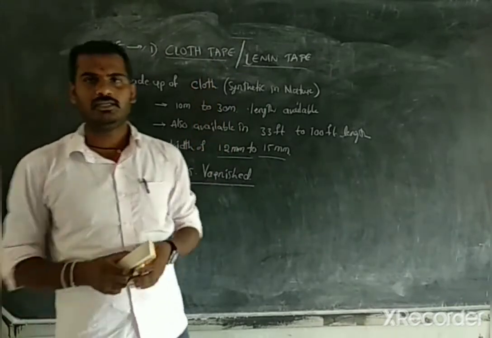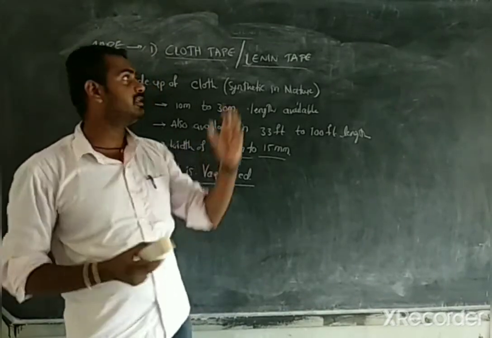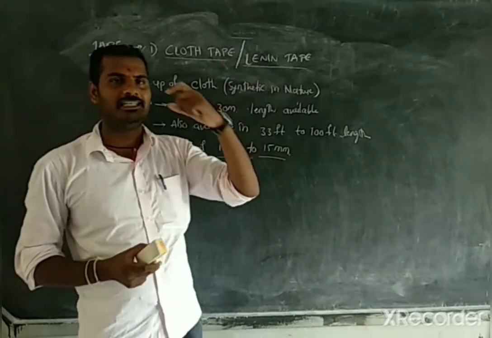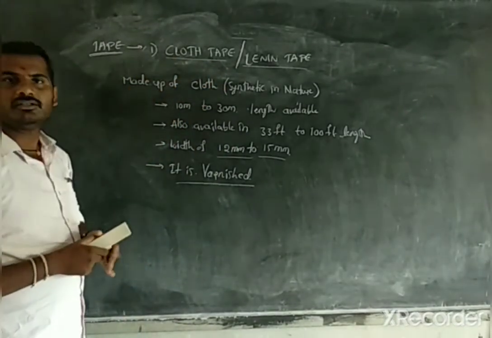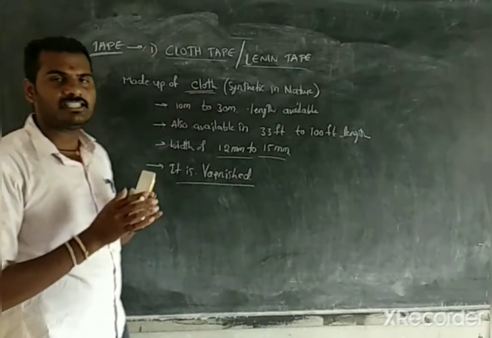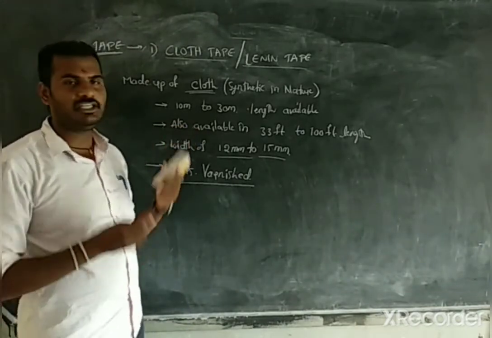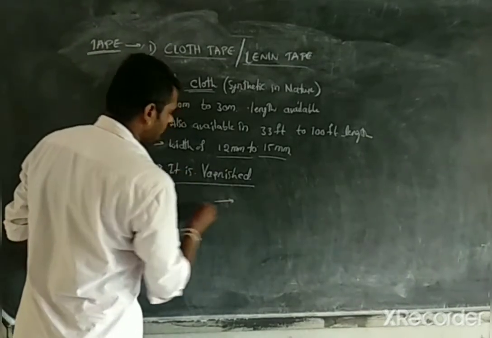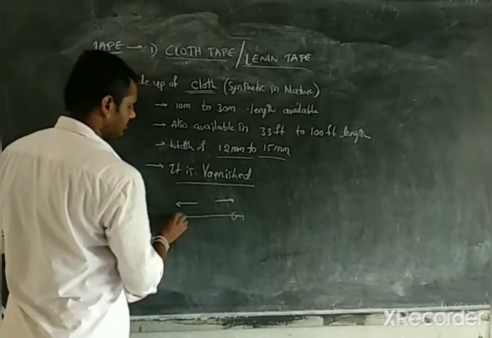Whatever material we use for the manufacture of an instrument, especially here the tape, its properties bring disadvantages. Since it is made up of cloth, there is a possibility to shrink, and at the same time a possibility to stretch under loads whenever some force is applied on this tape while measuring a distance.